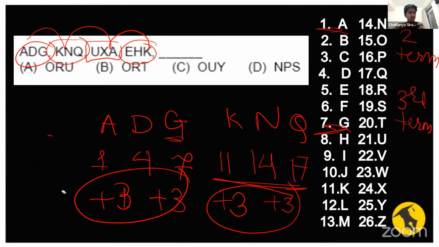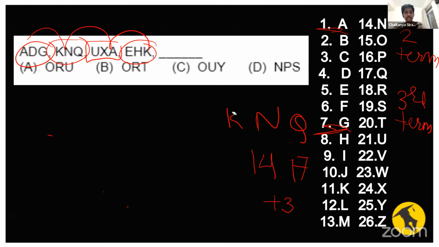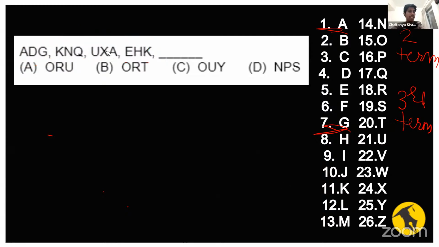So for between terms, as per my knowledge or as per my experience, there are only two cases possible. Either the first letter of each term is correlated in some way, or either the last term. So let's try the first letter in each term.